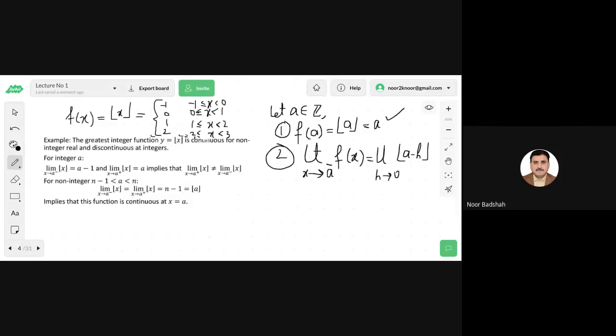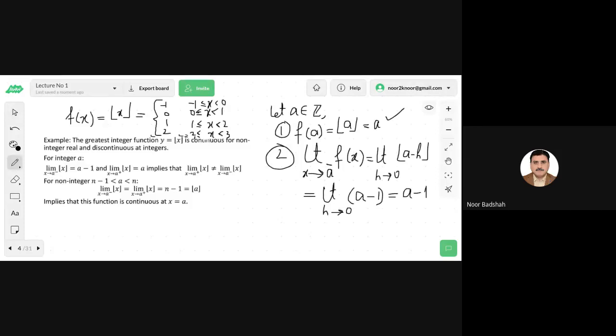And as I explained earlier, limit h goes to 0 of greatest integer of a minus h is equal to a minus 1. Now there is no h involved in it, so you would simply say this is equal to a minus 1. That's why it is proved that limit x goes to a from the left side, of greatest integer x, is equal to a minus 1. That's the proof so far.